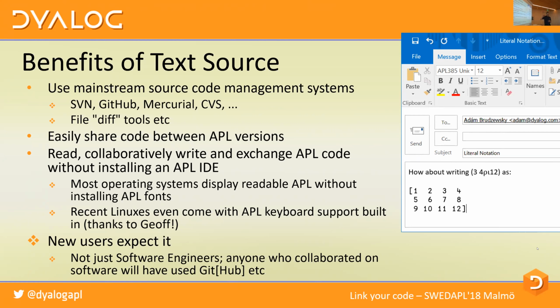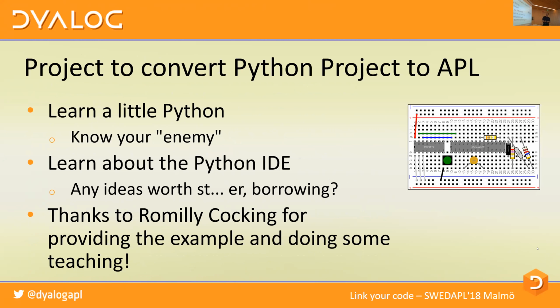Our daughter just started work as a project manager, and she's using GitHub. Everybody just gets thrown straight into using these tools from day one, whether they are software engineers or working in other parts of software development.